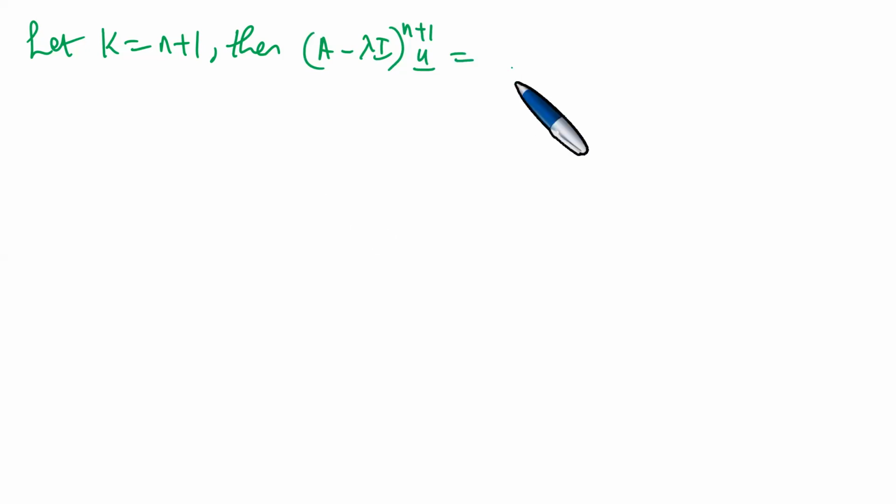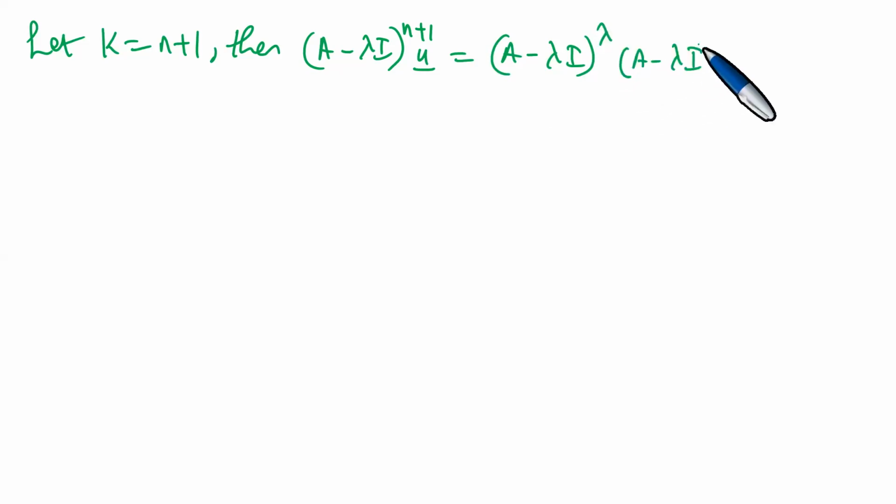What is the meaning of this here? Well, it is (A minus lambda I) to the power n times (A minus lambda I) to the power 1 times vector u, and this result is 0.